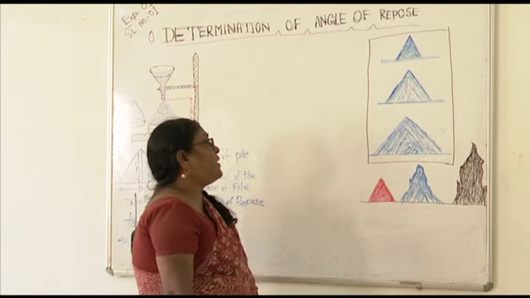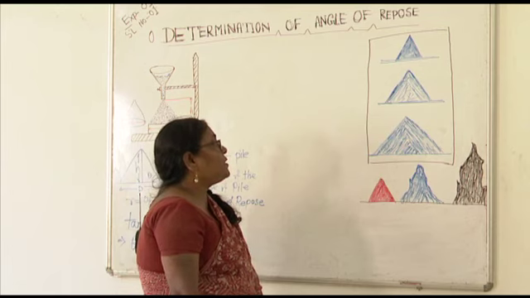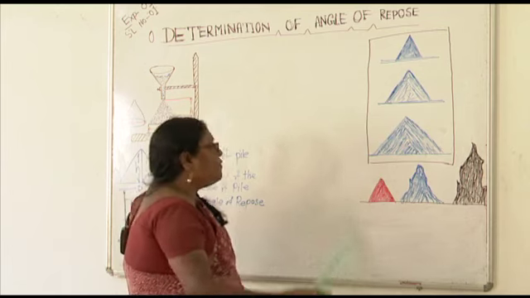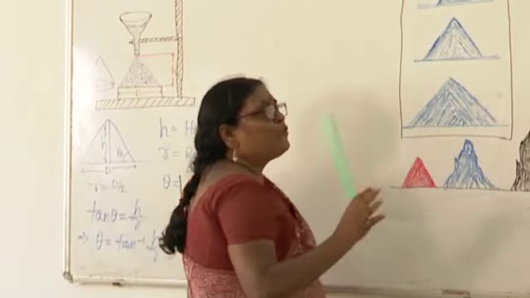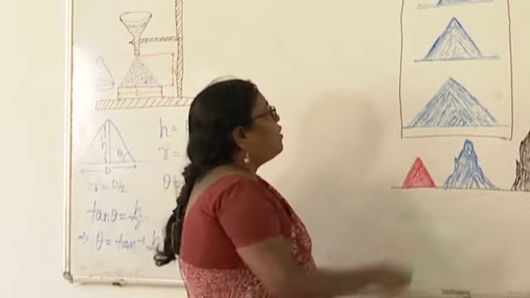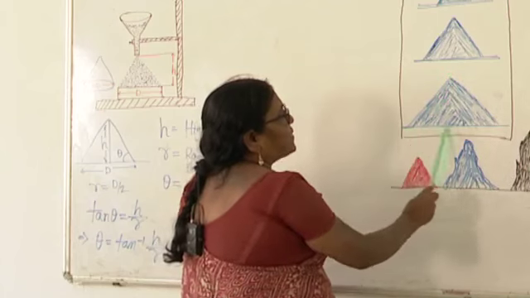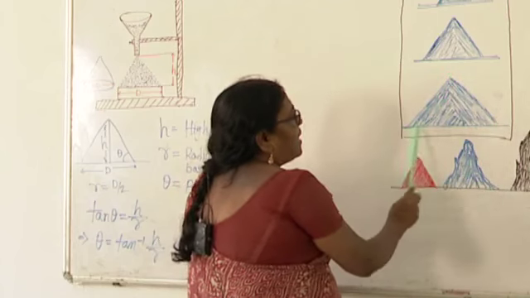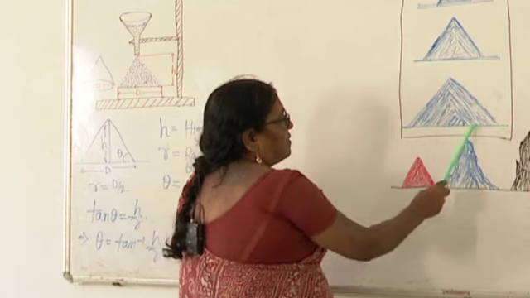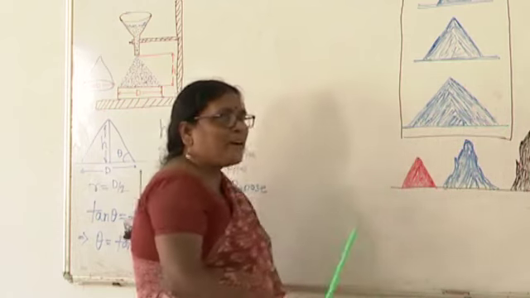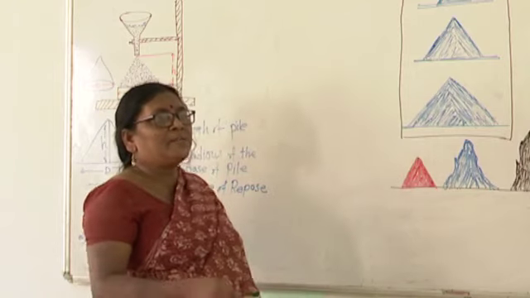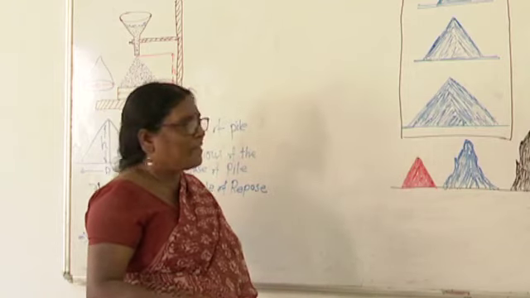So this gives us very, very important information. All hills have two characteristic properties. One is the tip, another is the base. This base is in the form of a circle, and you know a circle is characterized by its radius.